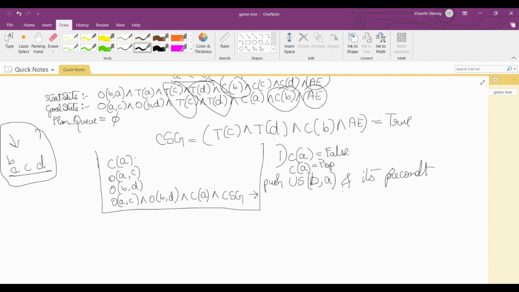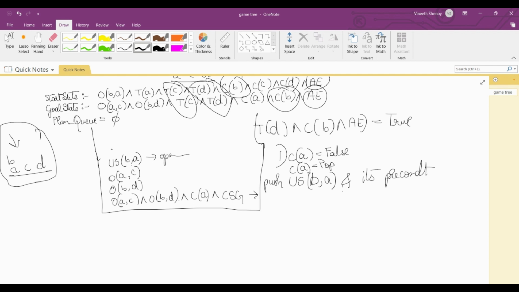I will maintain this place entirely for the stack rather than drawing it repeatedly. We will pop this, and then we will push the unstack operation, unstack of B comma A. This is the operator, and its preconditions.